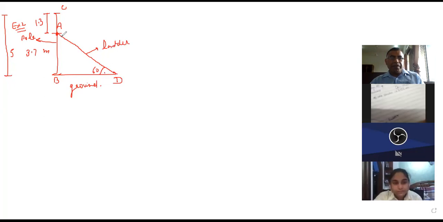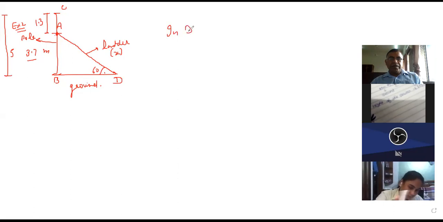Electrician has to repair a fault which is 1.3 meter below the top. So that means from the bottom to the point where the repair has to be done, it is 3.7 meter from the ground, and the total height is 5 meters. I want to calculate the length of the ladder. So let the length of the ladder be x.